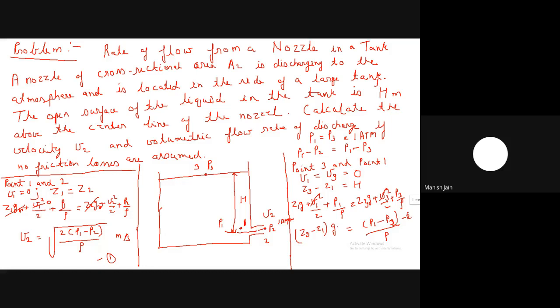Once you substitute equation number 2 in equation number 1, you will get V2 equal to under root of 2g (Z3 minus Z1), and Z3 minus Z1 equals H. So V2 equals under root of 2gH.